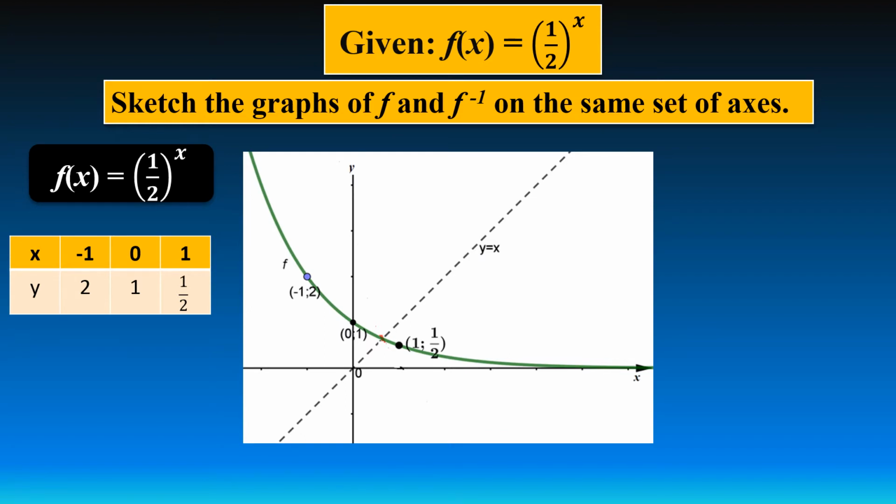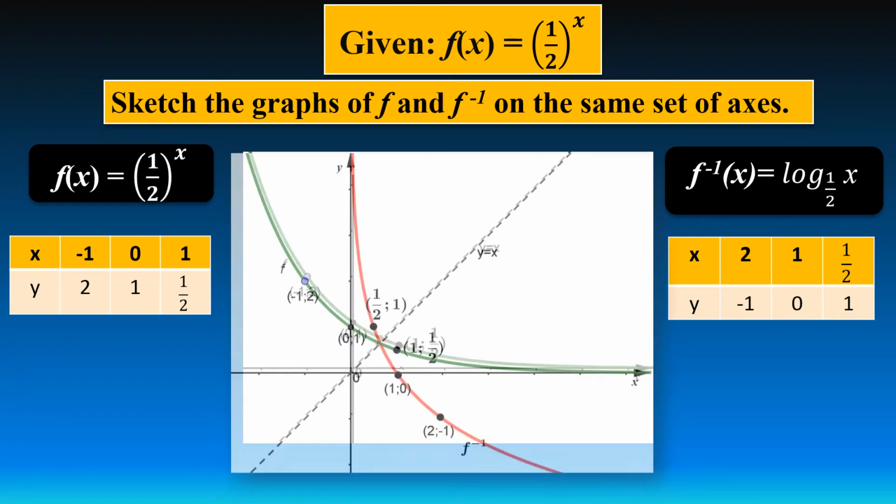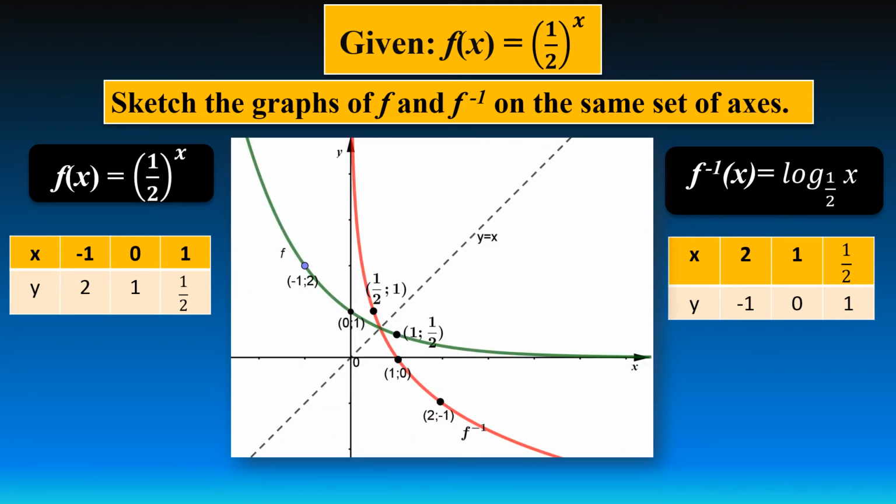Here is the graph of f. Now we make the second table by swapping x and y, and there is no need of calculation again, and we plot the points. Carefully plot the points. We got the graph of f inverse.